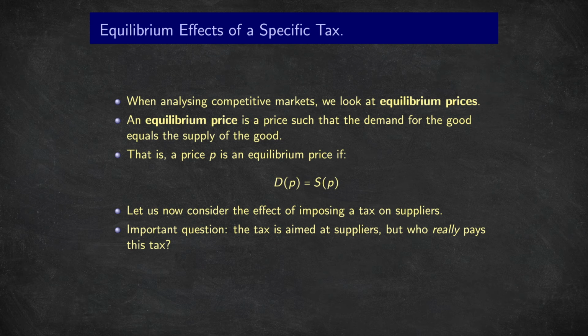But let's think about this further and ask an important question. Even if we aim the tax at suppliers directly, and we say to suppliers, for every unit you sell, you must pay us some tax, who really ends up paying this tax? It turns out elasticity is going to play a big role in helping us answer this question.